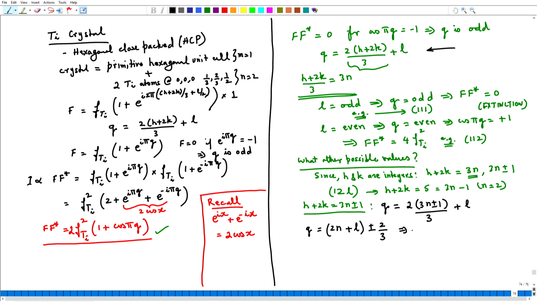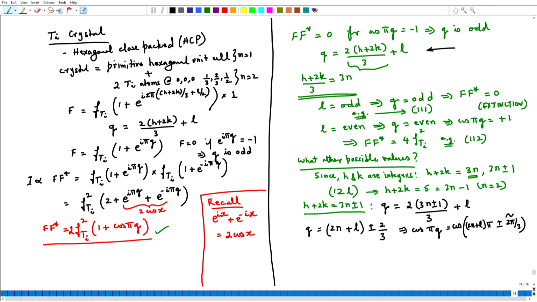So this implies that cos of pi q becomes cos of 2n plus L times pi plus or minus 2 pi by 3.